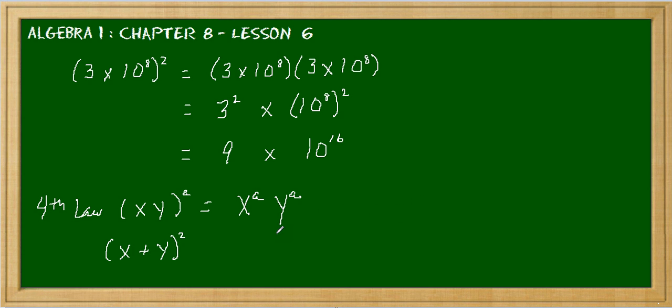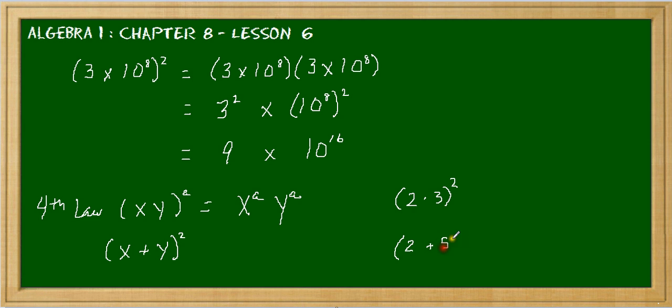I like to prove it with simple numbers. Let's say x is equal to 2 and y is equal to 3. I'd like to show you why it's the wrong way.